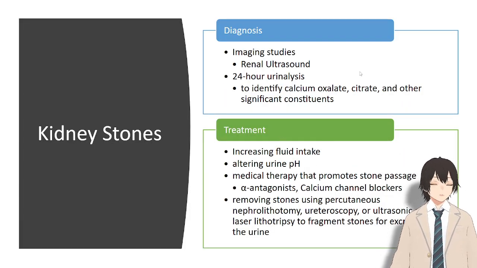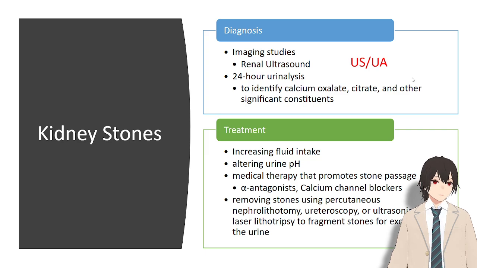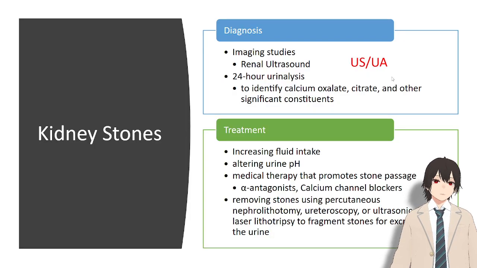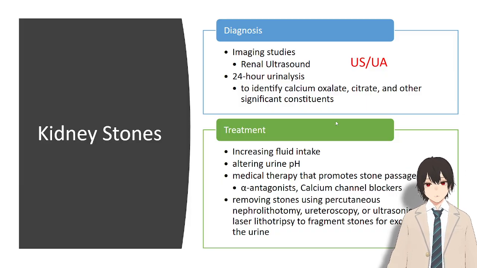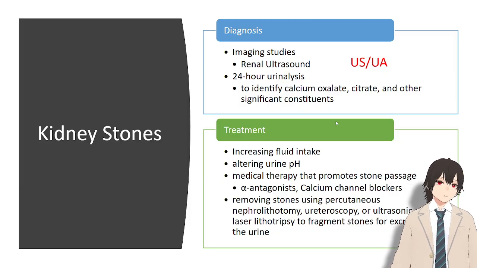Diagnostic wise, it's basically just ultrasound and imaging and tests, right? Like the urine analysis to determine what is in the urine, if there is any urine at all, right? You can see, is it oxalate, citrate, or whatever else it is. Treating the kidney stone, a lot of it is pain relief.